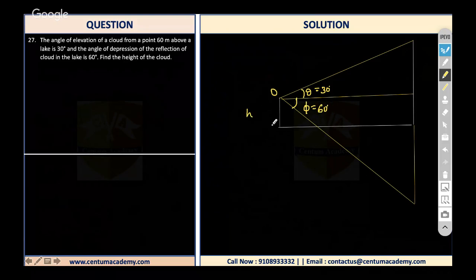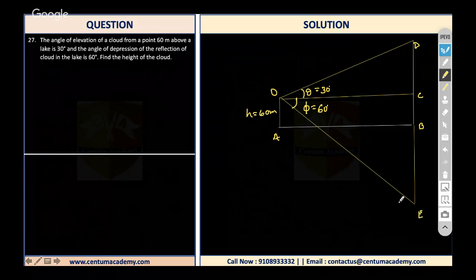Now H, let's say this is OA. H is given as 60 meters. Okay, it may be a building or something. So, find the height of the cloud. Let me mention some names, B, C, D, all the points.